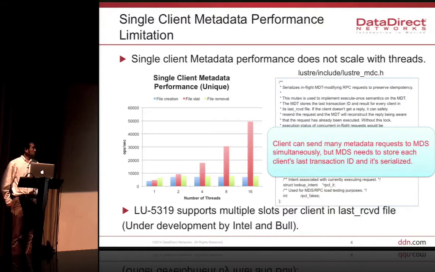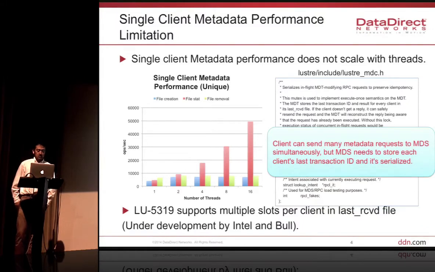Before that, I talk about Lustre metadata scalability. I have to mention today's single client metadata performance limitation on the Lustre file system. You can take a look at this graph. This is simple single client metadata performance, just MDtest on a single client, where we measure file creation, stat and removal.